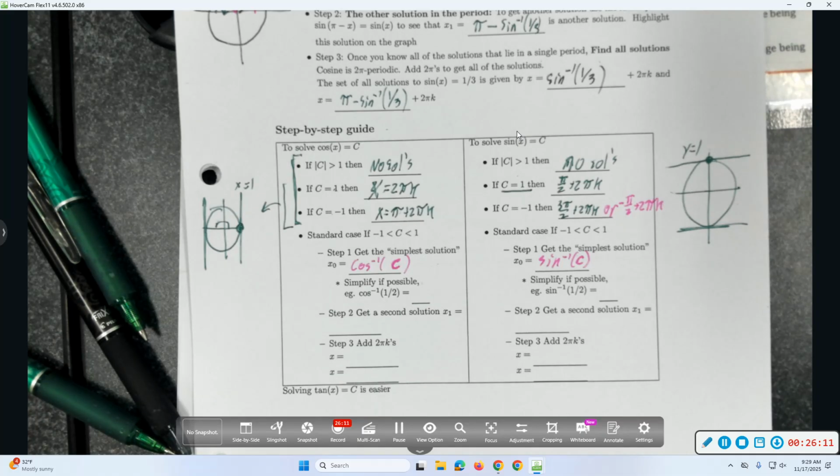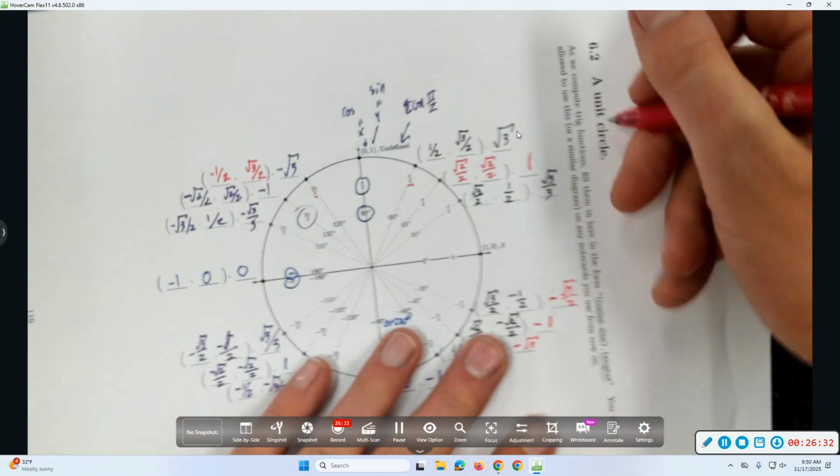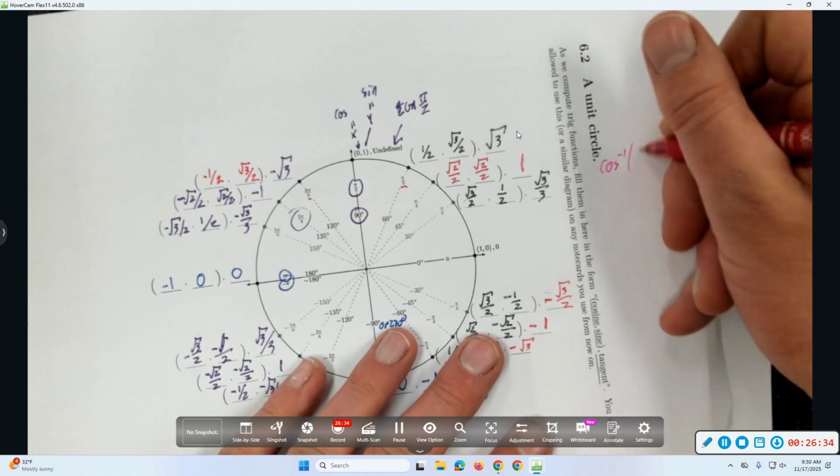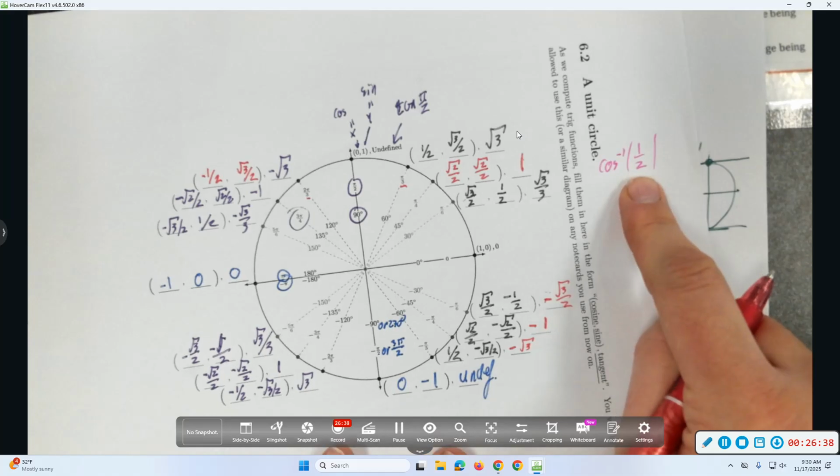How many people want to know first off how to compute inverse trig functions by looking at the unit circle? Yeah, let's do that. So if you want to compute cosine inverse of 1/2, let's see, cosine is the x value, right?